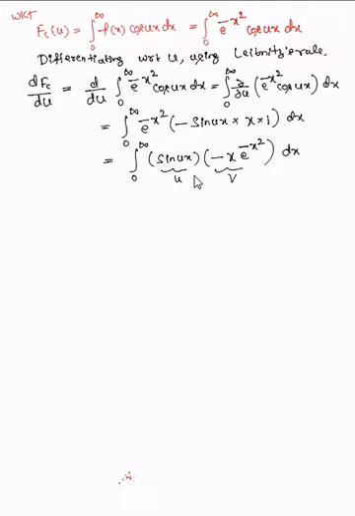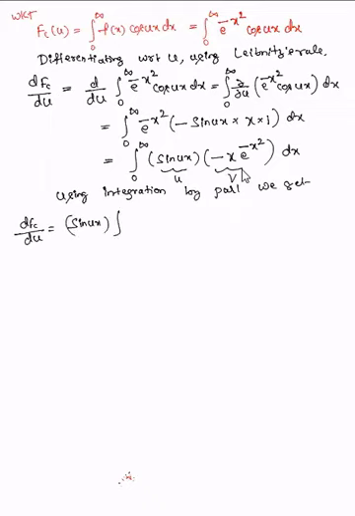So using integration by parts, we get, so what is the formula? You get dFc by du equals. Integration by parts is u into integral v. U means it is sine ux into integral v, means integral of minus x e power minus x square.